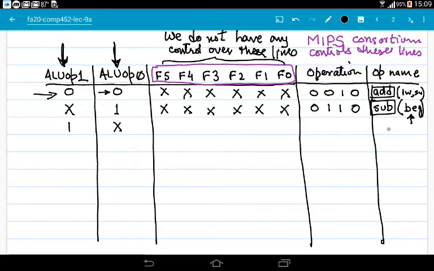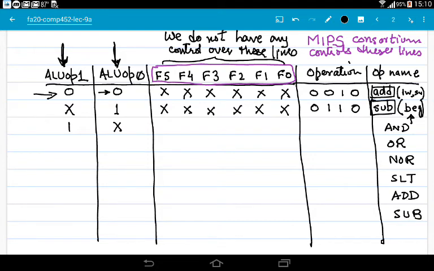And now for AND, OR, NOR, SLT, add and subtract, these are the R type instructions.